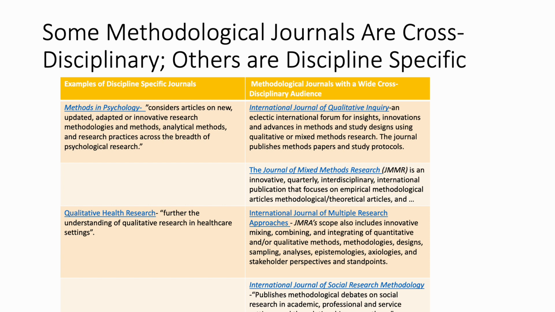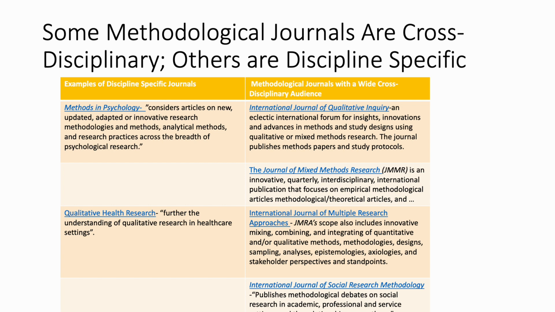This slide lists a number of journals, all of whom are methodologically oriented, some which are defined by a disciplinary context, and some which are open to submissions that relate to a broad variety of disciplines. So Methods in Psychology wants discussion of the application of the research method to psychological fields, but they do not necessarily have to be written by someone who has credentials in psychology.